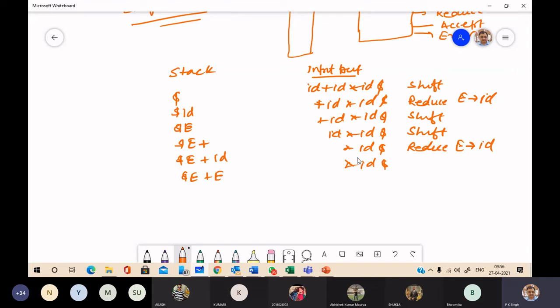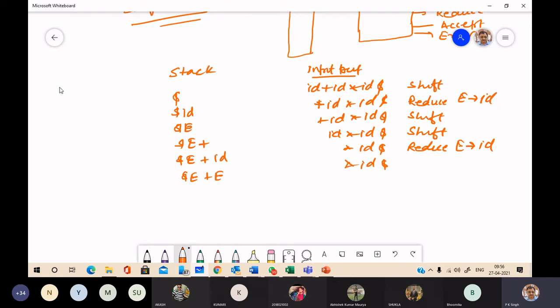Now see, at this very junction, and just see that at any point you can get the right sentential form. You can consider the string as starting from the content of the stack followed by the content of the input buffer, and that will be the right sentential form.